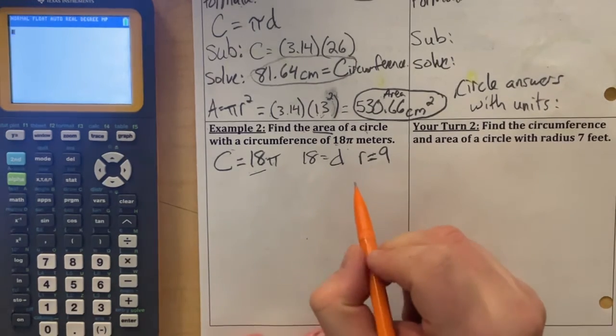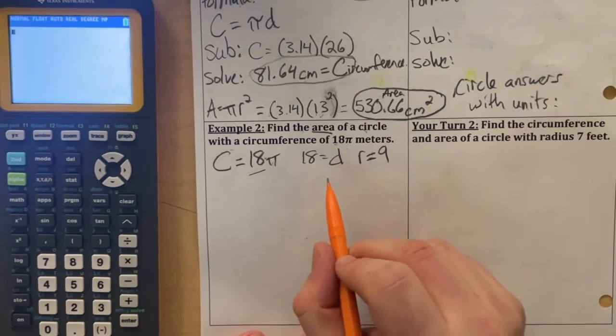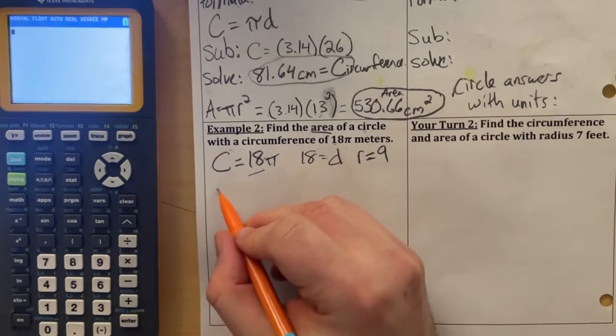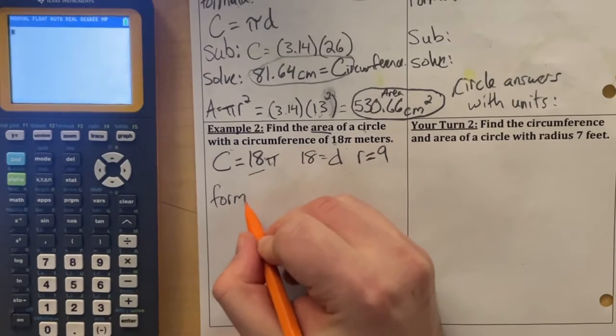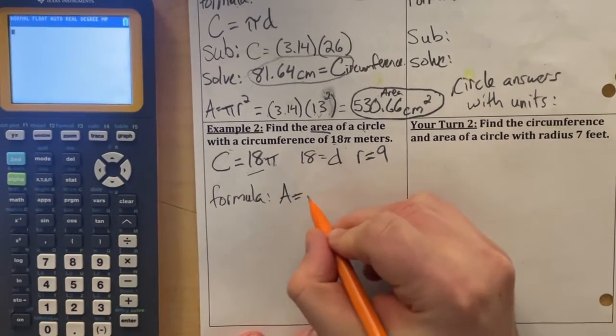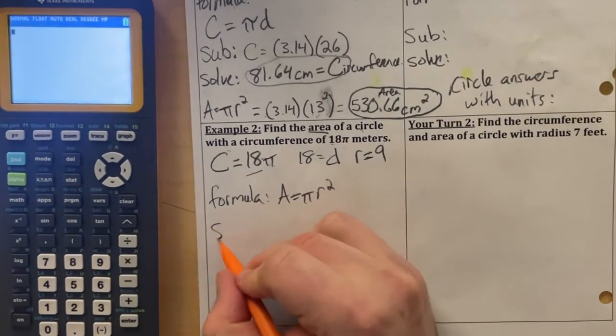Then I can say, all right, I need to have my labels, I have my formula. So formula, what am I looking for? I'm looking for area. So I have area is equal to pi times the radius squared. I sub in my values.